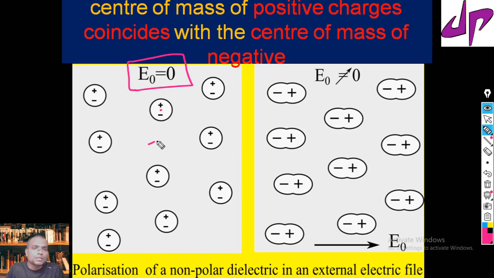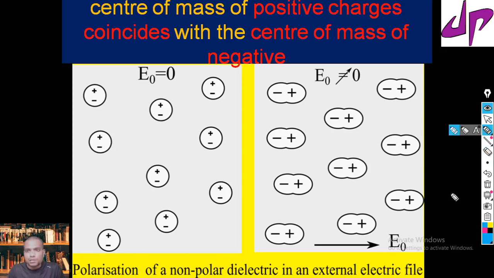The positive charge you can draw very small, and the negative charge as a cloud. The center of mass is exactly at the midpoint for the non-polar molecule. That is the molecule shape in the absence of an external electric field.